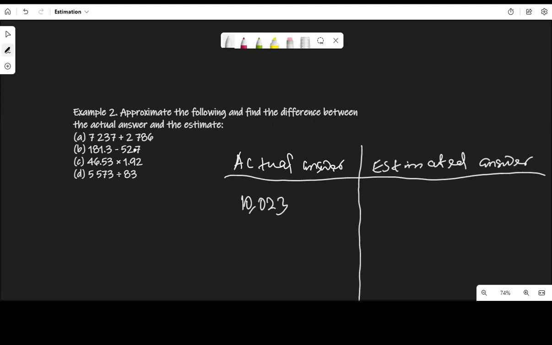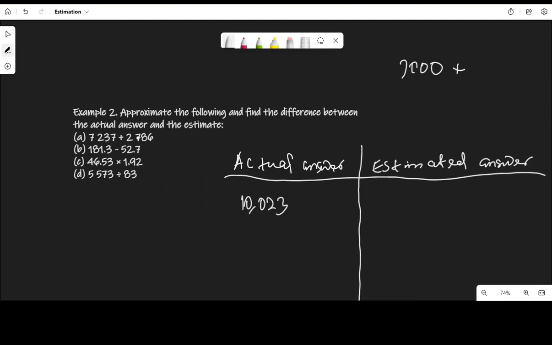For the estimated answer, I'm going to round this number to the nearest thousand, which is 7,000. Why? Look at the position. 7 is in the thousand position. The next digit to it is 2. 2 rounds to 0. So I have 7,000. Then plus this other number, I'll round it to the nearest thousand also. 2 is in the thousand position.